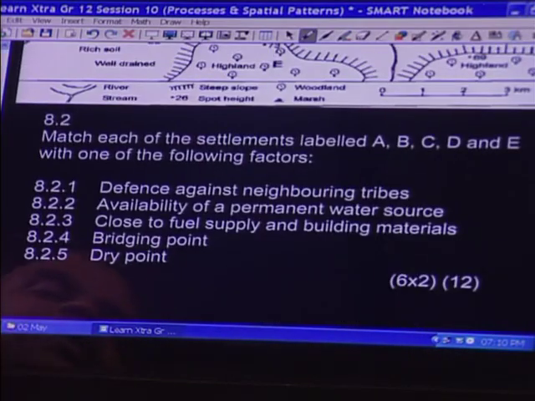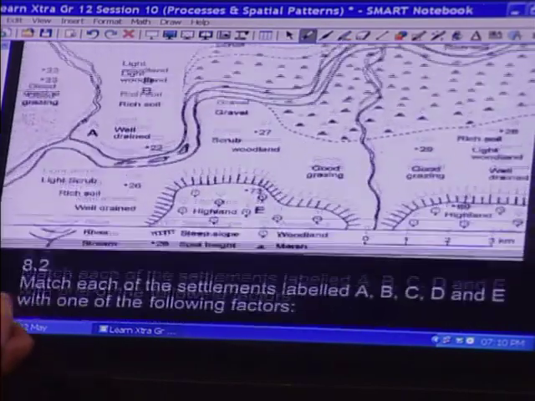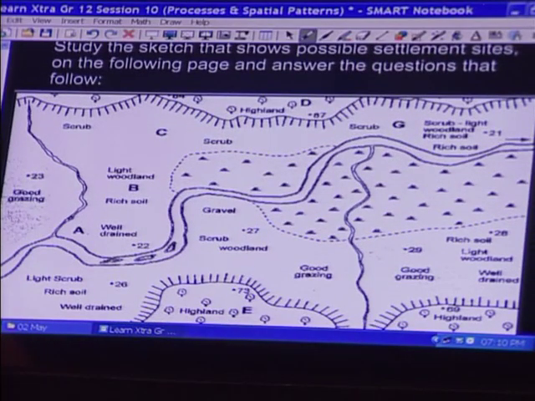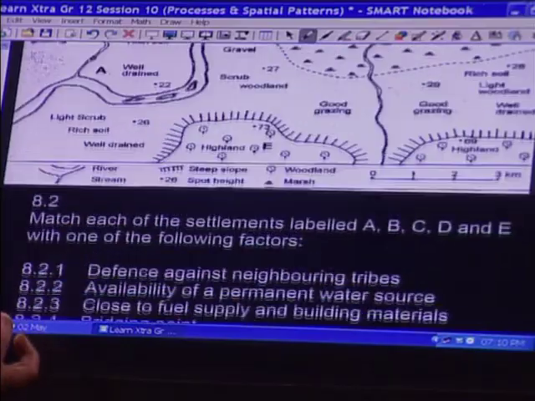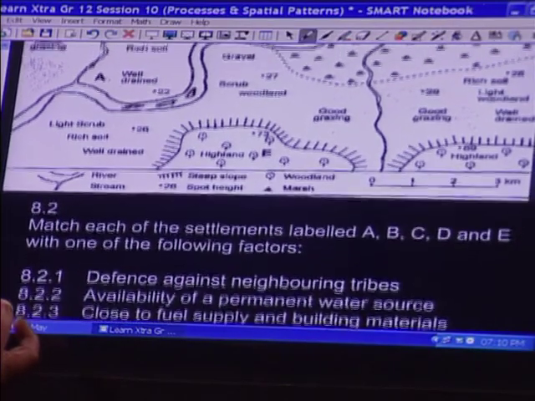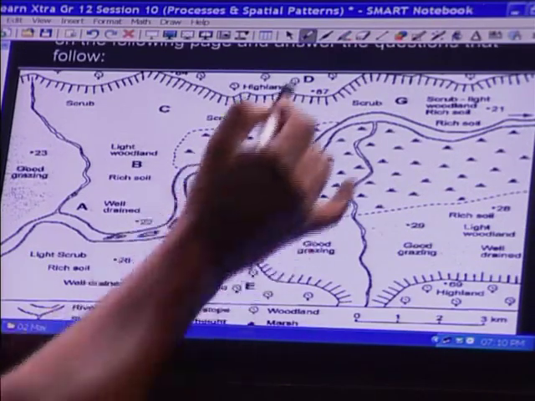Match each of the following settlements labeled A, B, C, D, and E with one of the following factors. Defense against neighboring tribes. If we have to look at these particular settlements, which would be best? We're looking at A, B, C, D, and E. Let's locate these settlements.